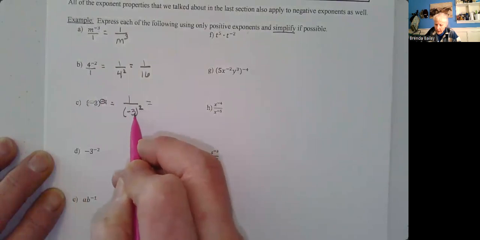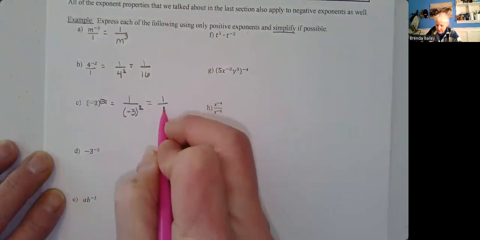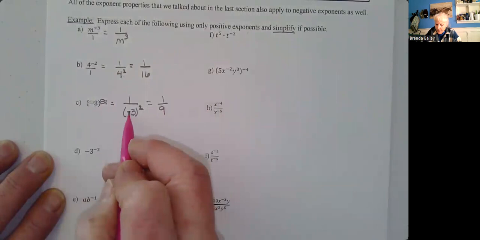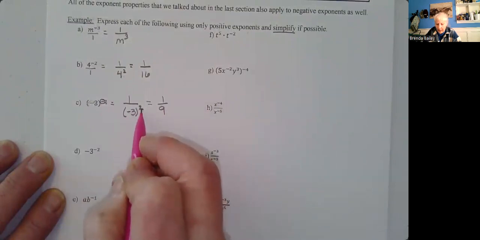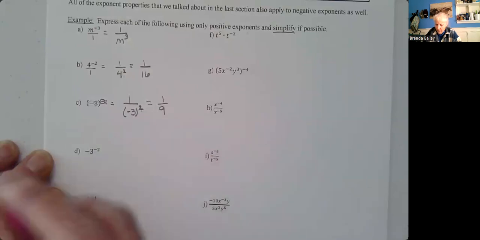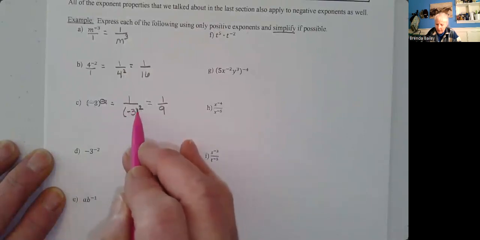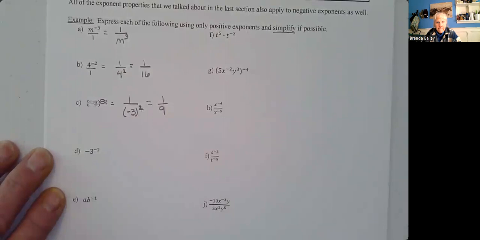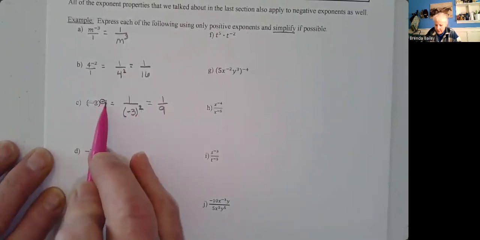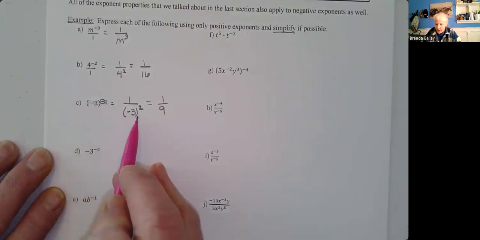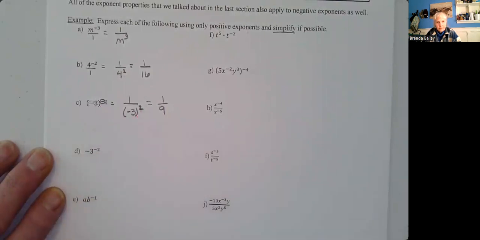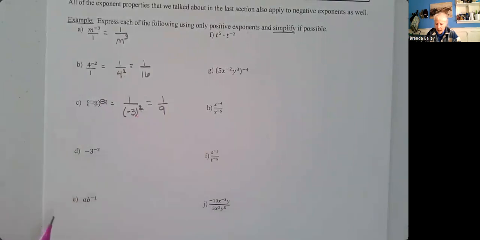And 3 squared is 9. So the negative disappeared because that's an even power in the parentheses. You end up with positive 1/9. And if you use parentheses on your calculator, it would tell you the same. All righty. So again, I got rid of the negative, I flipped it, and then I squared it using our rules from our last section.